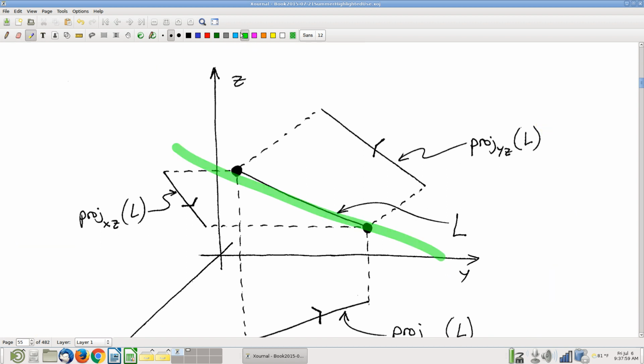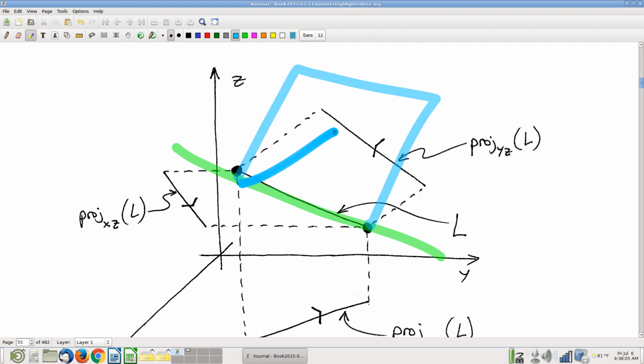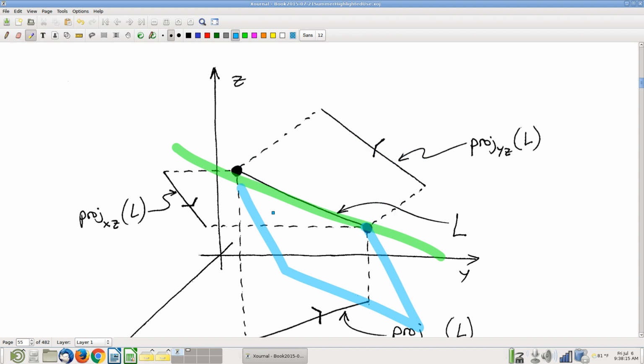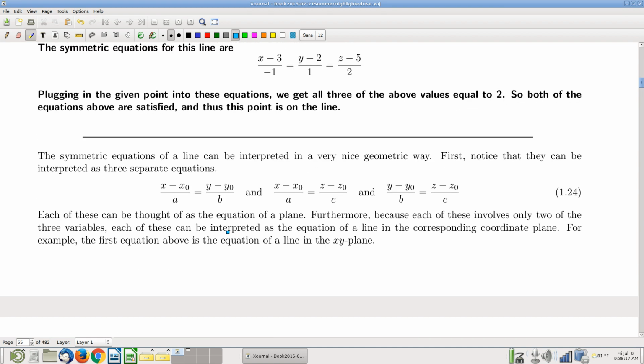There's lots of different planes. I'm going to just do that in a different color. There's lots of different planes that contain that line. You can imagine them all sort of rotating all around. So of these infinitely many planes that contain that line, which one is this one?